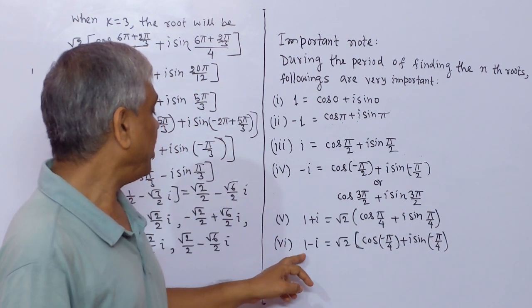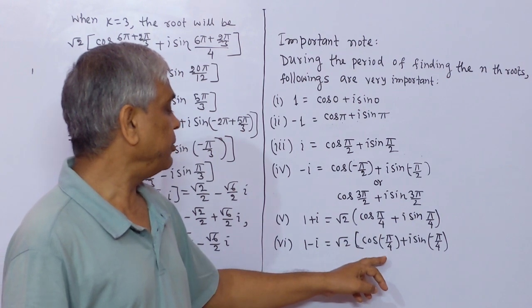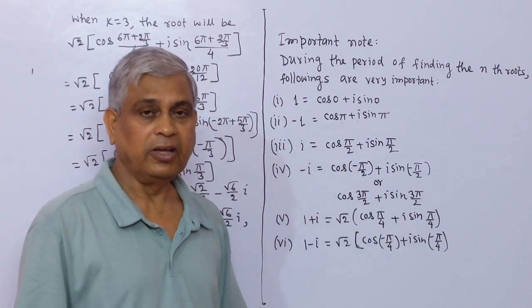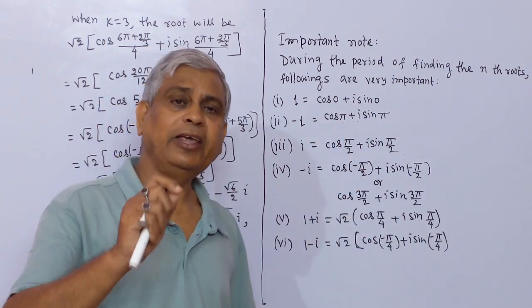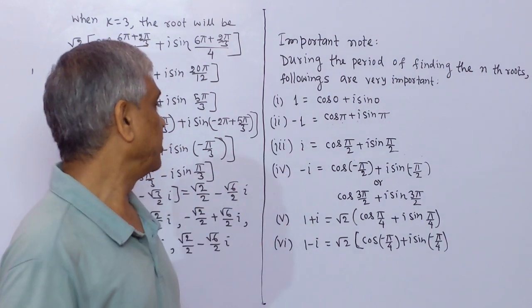Number 6, 1 minus I equal to square root 2 cos minus pi by 4 plus I sin minus pi by 4. And then we may find any order of root of these quantities.